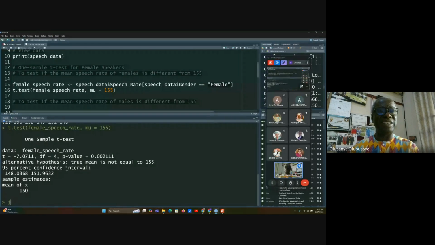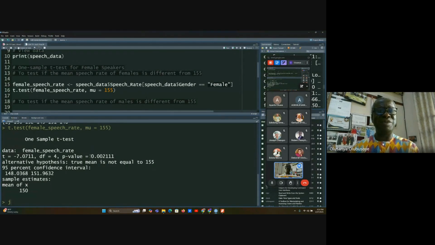Remember, the null hypothesis is that the mean is equal to 155, while the alternative is saying the true mean is not equal to 155.